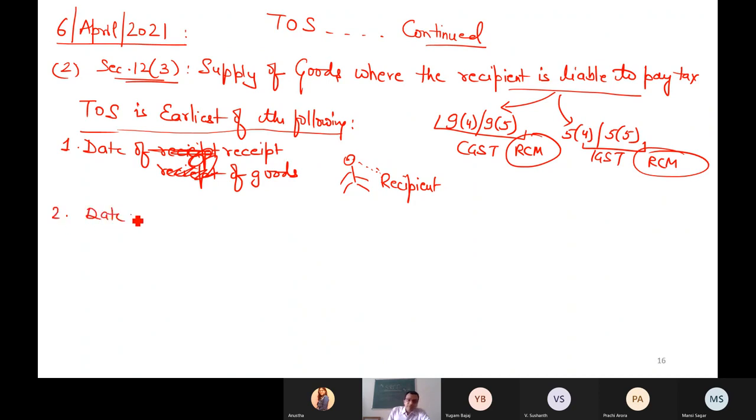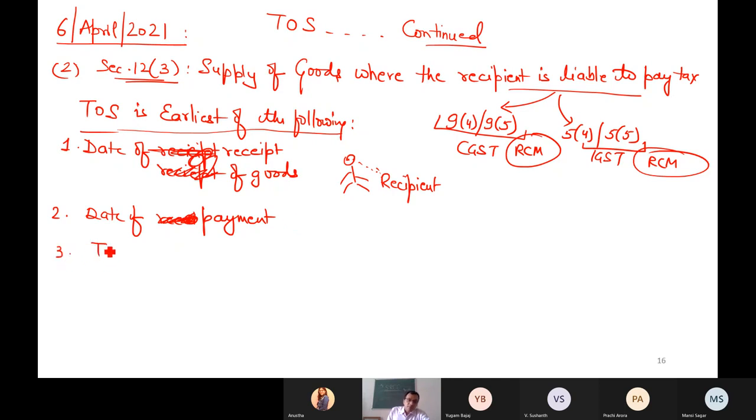Second, the date of receiving payment. Not receiving payment, because now as a recipient I'm receiving the goods, but I have to make the payment. So the date of payment.